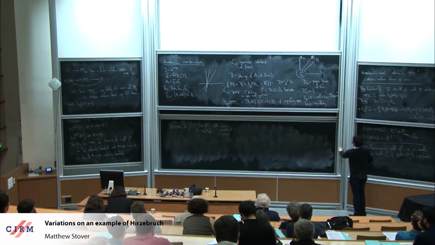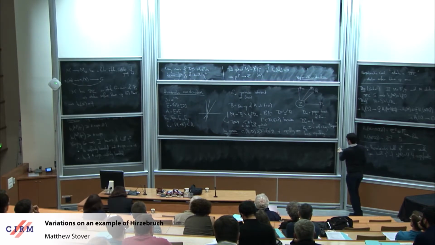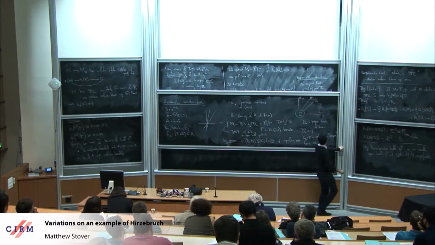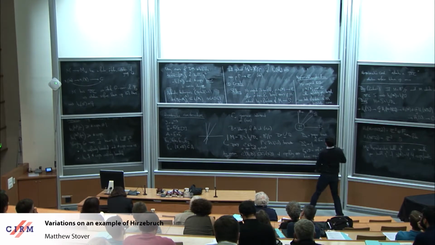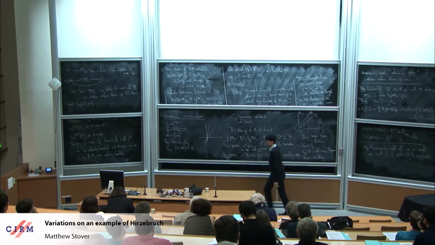And so what you notice is that there's a nice fibration of this over a 2 torus, with fiber a thrice punctured 2 torus.